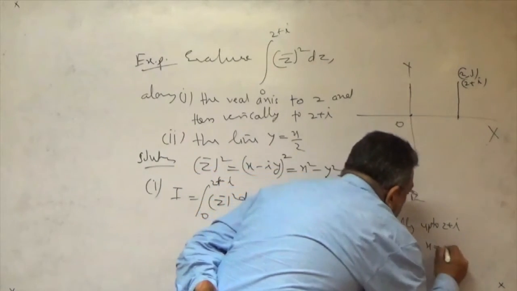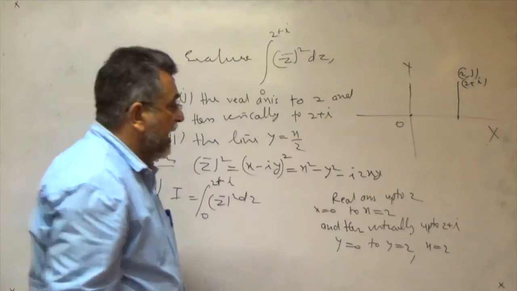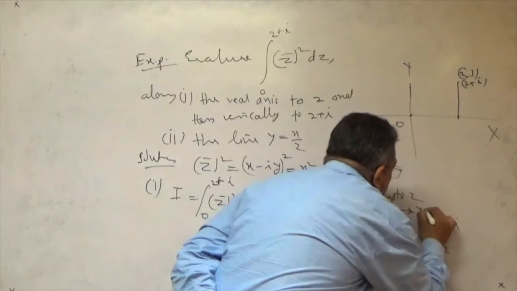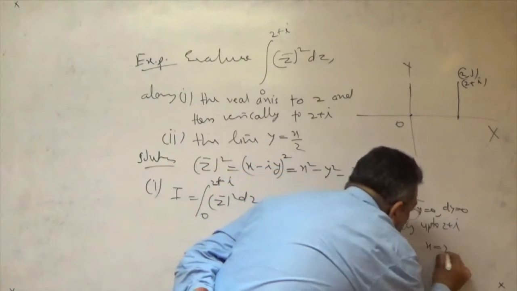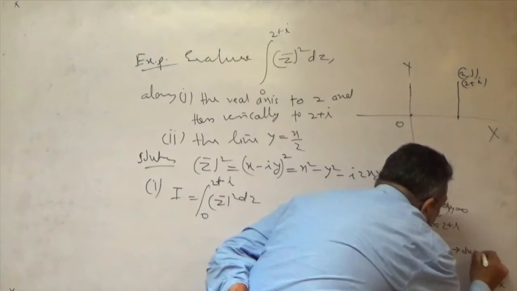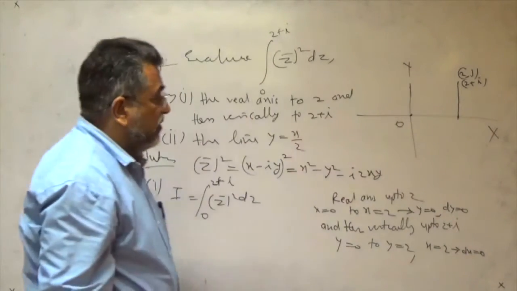Path is the line x = 2. Along the first part y is 0, so dy is 0. Along the second part x = 2, so dx = 0, x is constant.